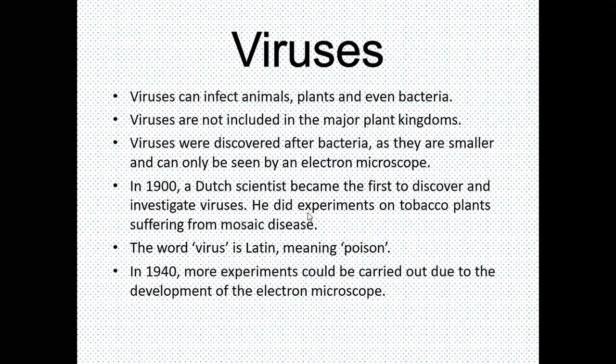He did many experiments on tobacco plants because tobacco plants are very attractive to virus. Here is one disease, mosaic disease, which affects the leaves of tobacco. Tobacco means tambaku, surti.